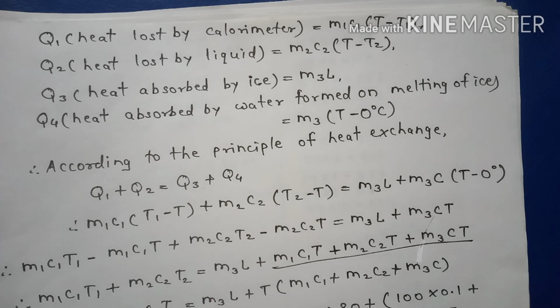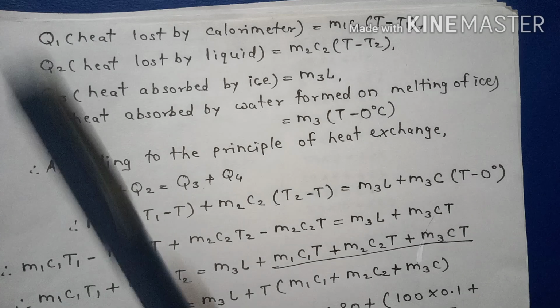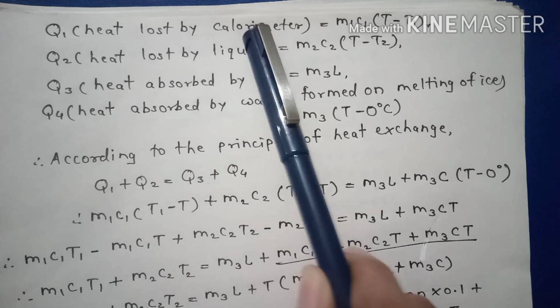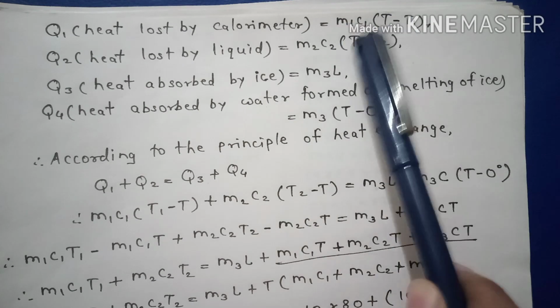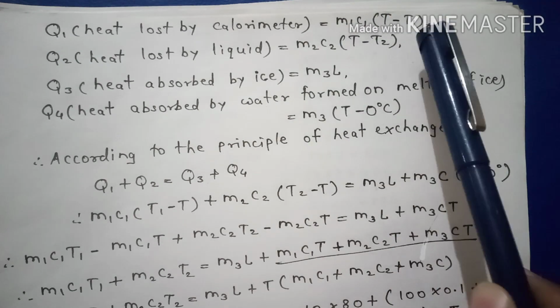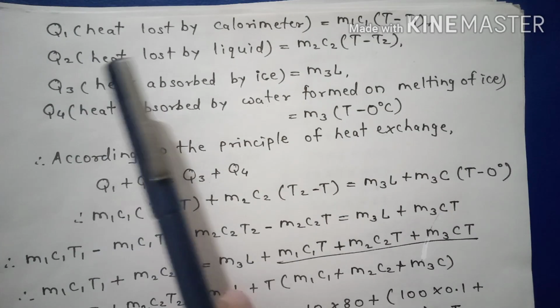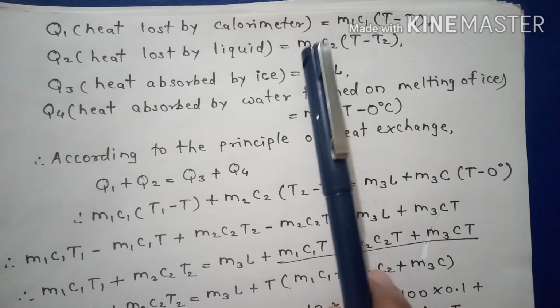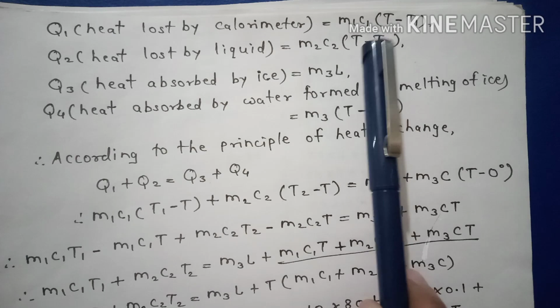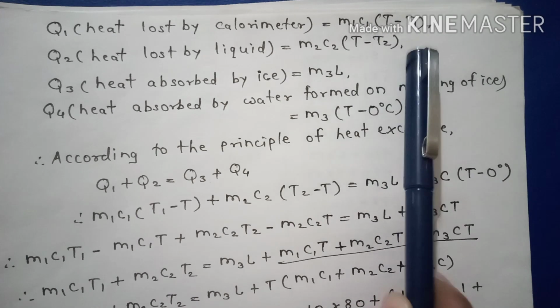Now first of all we will write the respective formulas for Q1, Q2, Q3 and Q4. Q1, that is heat lost by calorimeter, is equal to M1C1 into bracket T minus T1. Q2, that is heat lost by liquid, is equal to M2C2 into bracket T minus T2.